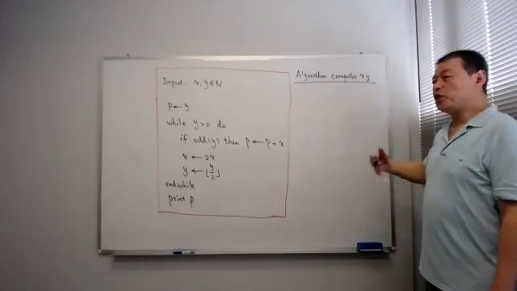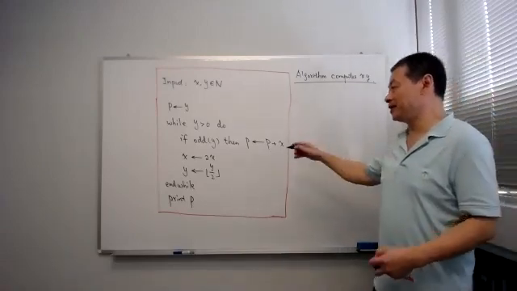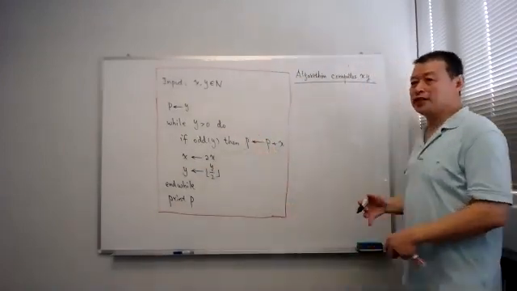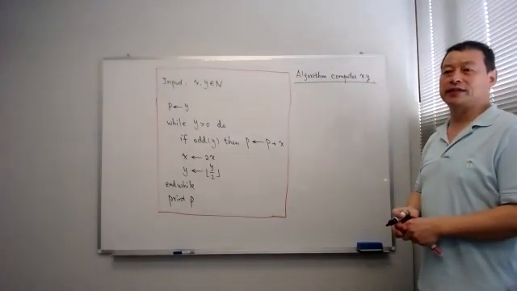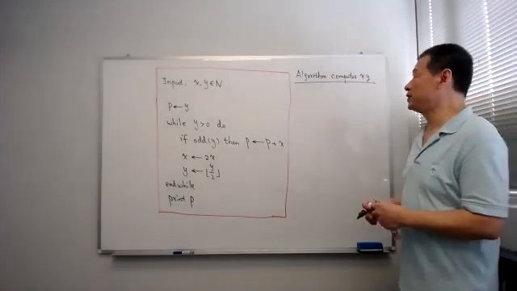All right, we need to prove it works correctly. So how can we prove it? The problem again is it involves loops. So we need to prove that regardless of how this loop goes, it always gives us the correct answer. All right. As before, we need some notation.